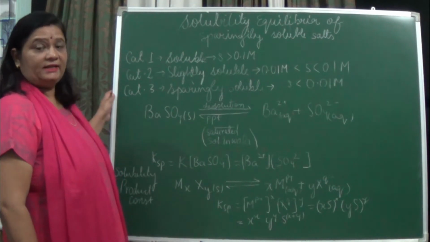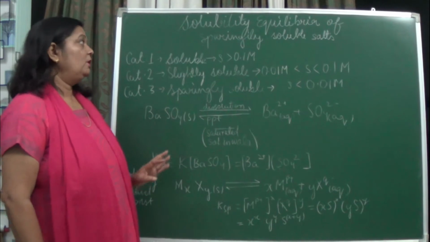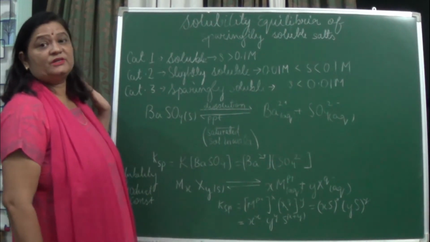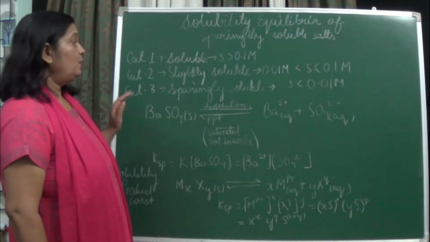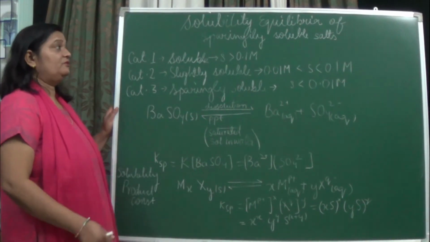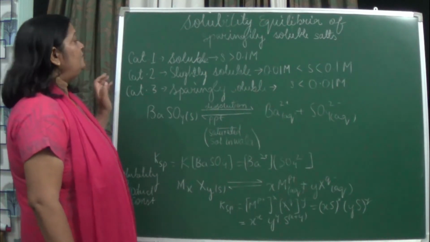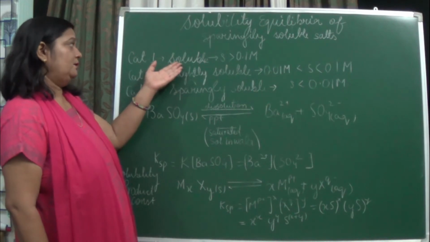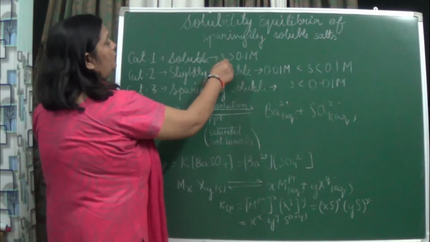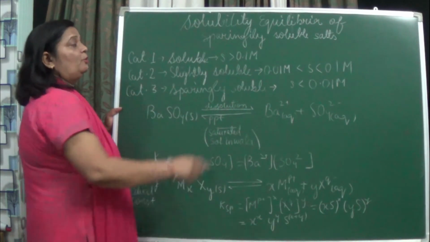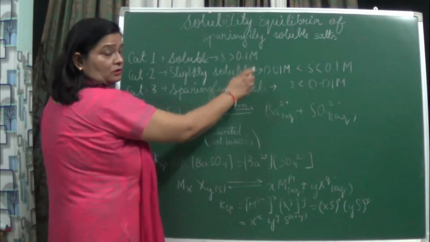Now let us study the next topic, that is solubility equilibria of sparingly soluble salts. But let us first know how many types of salts there are according to their solubility. If it is readily soluble in the solvent, its solubility will be more than 0.1 M. Here solubility is explained in terms of molarity.